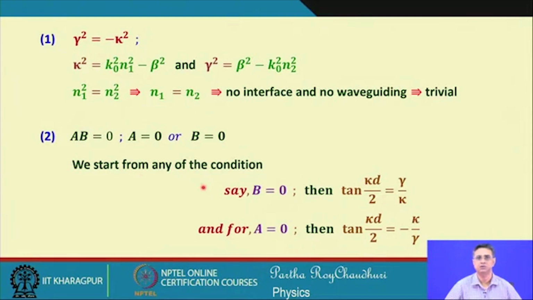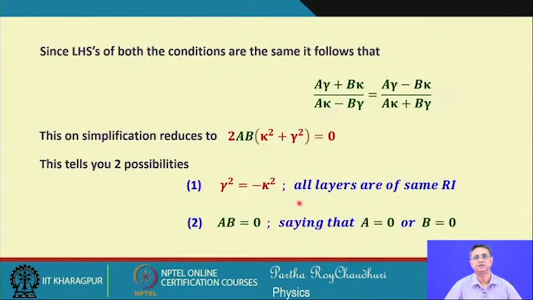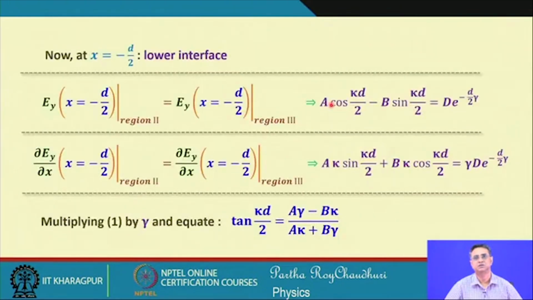For this one, let us suppose we start with the condition b equal to 0. Then from this equation, if I put b equal to 0, you get gamma by kappa.